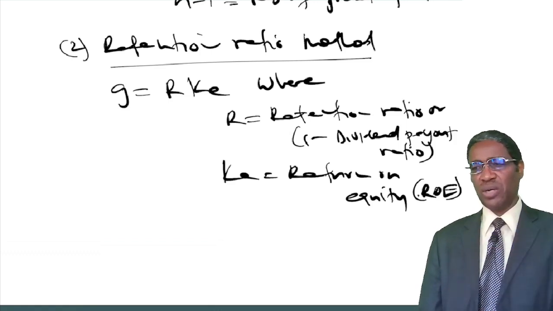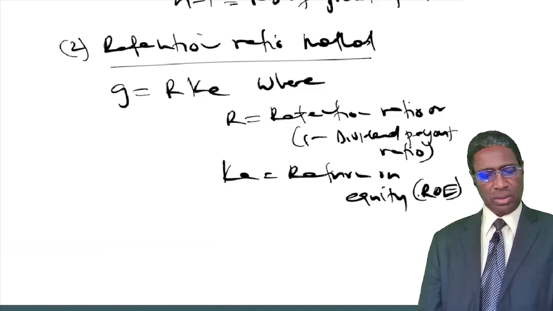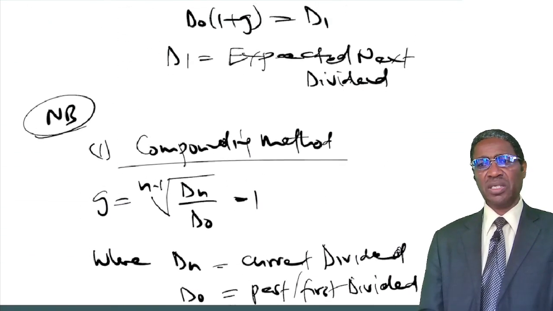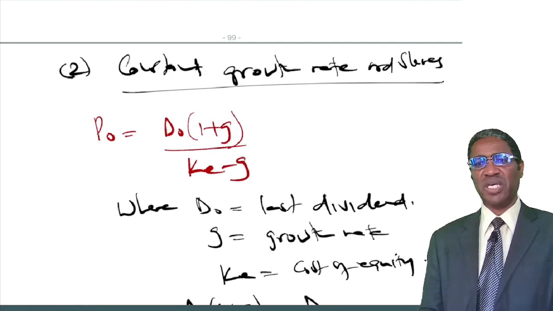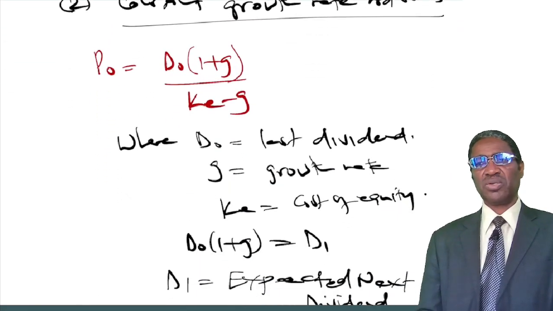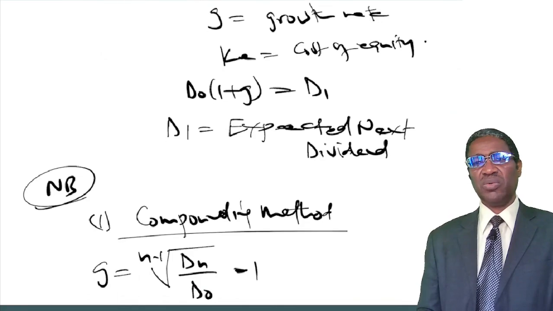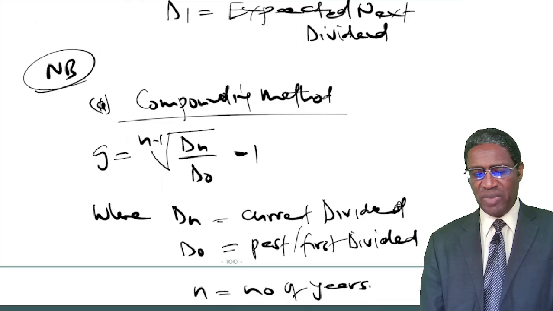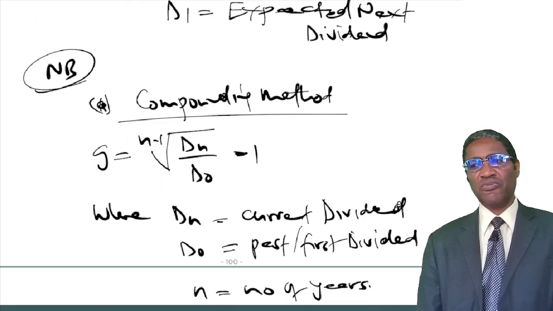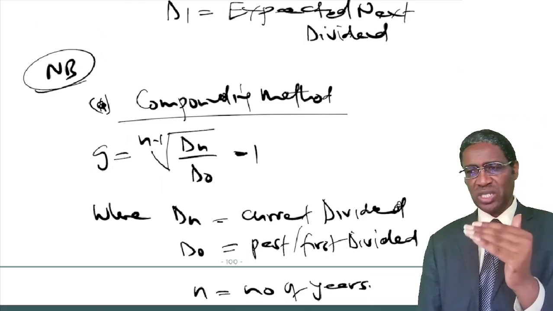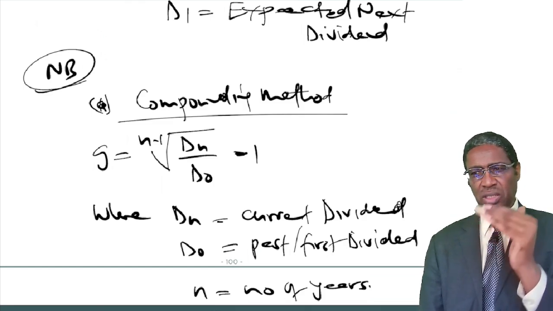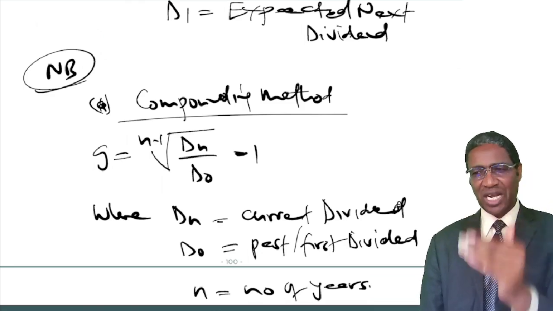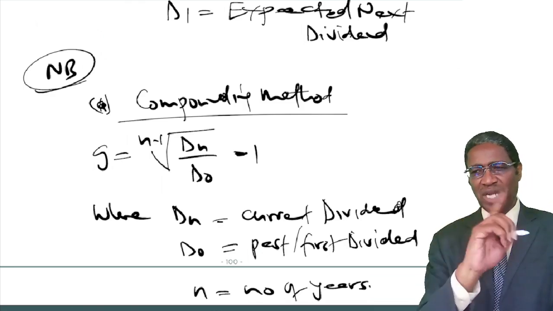Let's go to put down the third method now. We have mixed A and B, and so on. Now listen so that we don't mix them again. We have said methods of determining growth rate, the compounding one, make it A. Don't forget we have 3 methods of computing the price: the zero growth rate, the constant growth rate, and the non-constant, so we are labeling them 1, 2, 3.